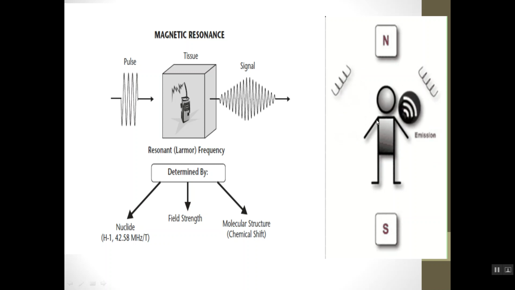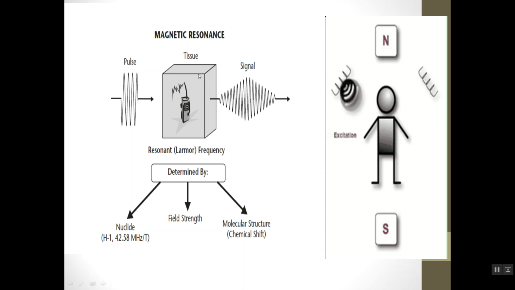When the body tissue relaxes, a radio frequency pulse emission happens, and we use a coil to receive this radio frequency pulse again. After that, we will translate this radio frequency pulse to an image.